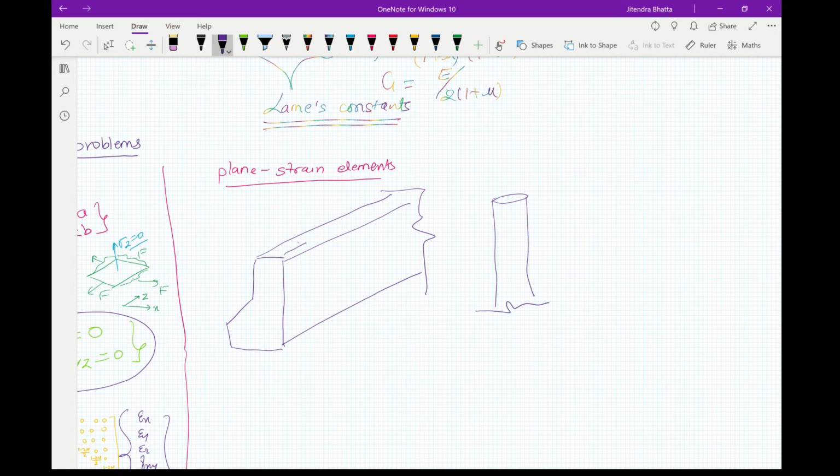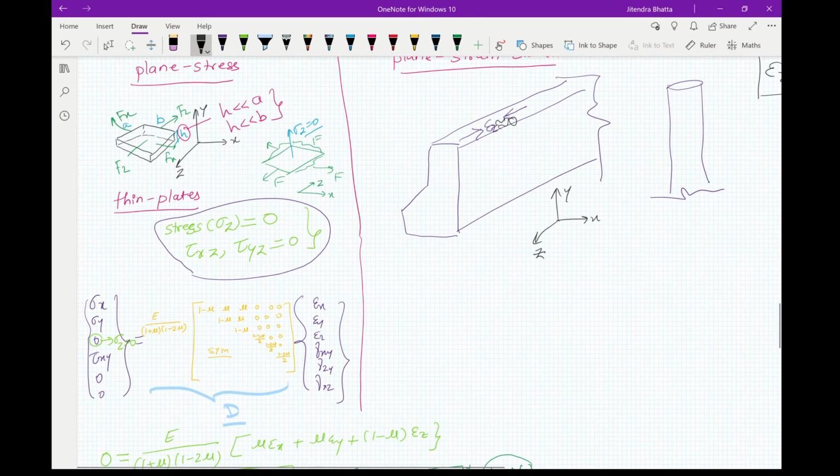Because of these materials, the strain occurring in this direction, if this is X, Y and Z, because of longer length, the strain occurring in the Z direction is assumed to be 0. So in this case, our strains EZ, gamma XZ and gamma YZ are assumed to be 0.